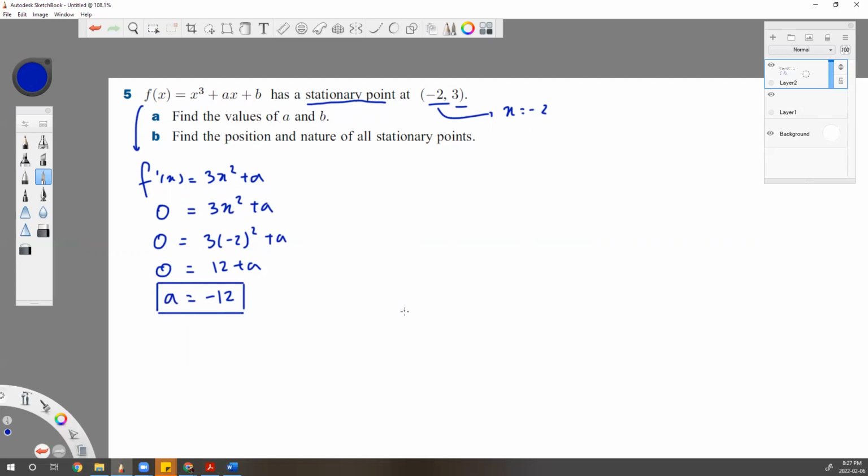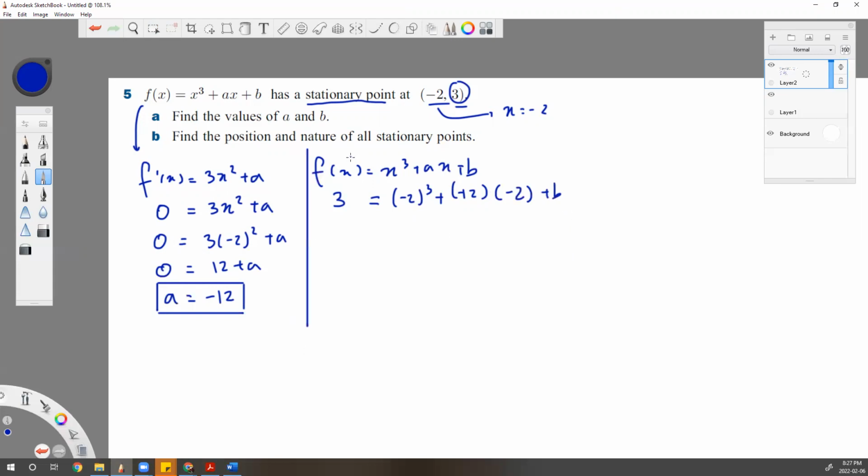After you get a equals negative 12, what you can do to find b, use this. f(x) equals x cubed plus ax plus b. So f(x) equals 3 here, because 3 equals negative 2 cubed plus negative 12 times negative 2 plus b. You can find the b. So in order to find b, you need the help of f(x). In order to find a, you need the help of the stationary point.